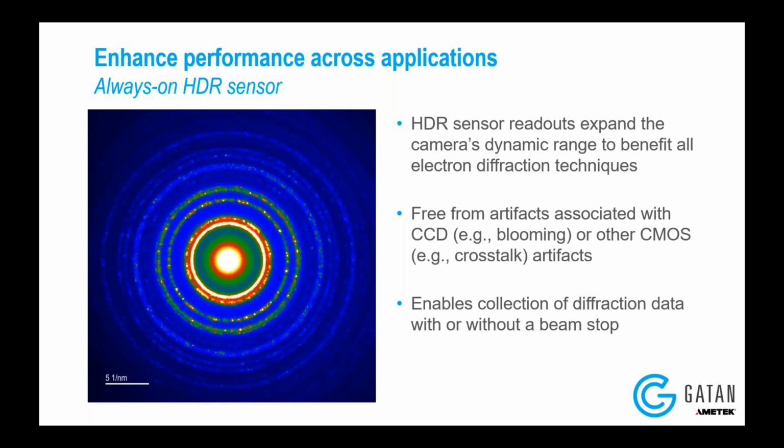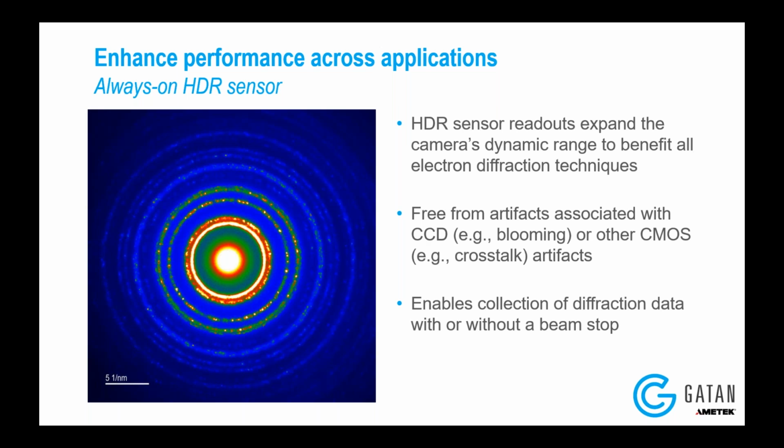It's designed to be free from artifacts associated with CCD sensors, such as blooming of high intensity regions of the image, especially for diffraction patterns, and has minimal artifacts associated with CMOS sensors like crosstalk, which some people may be familiar with.